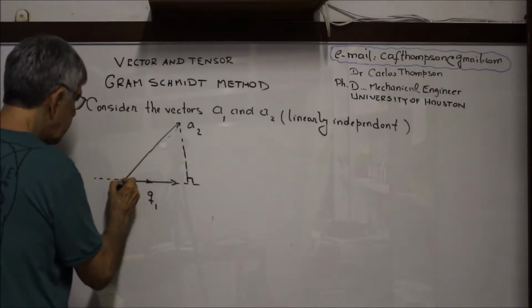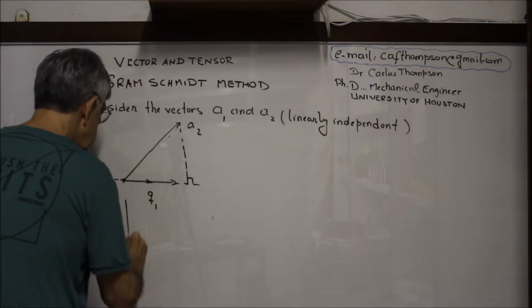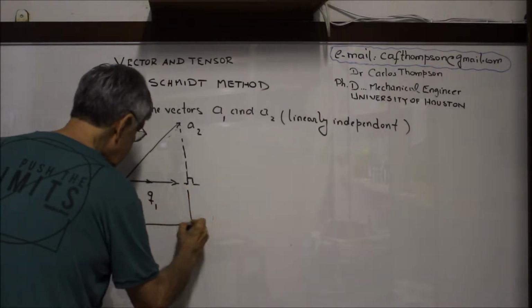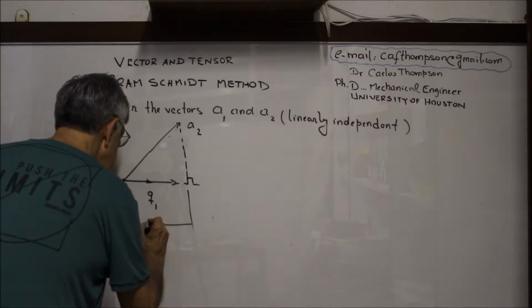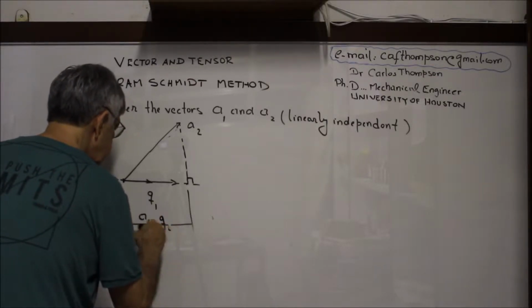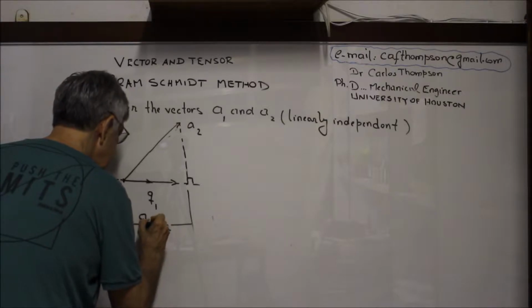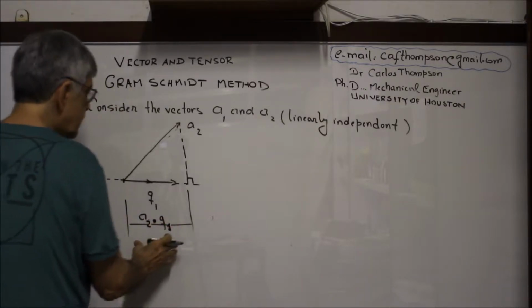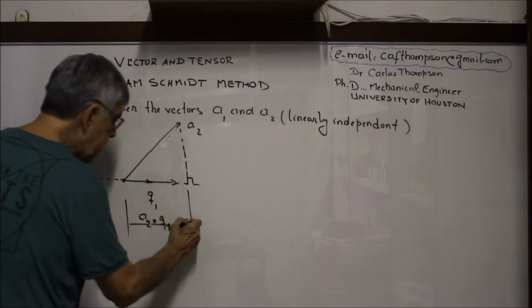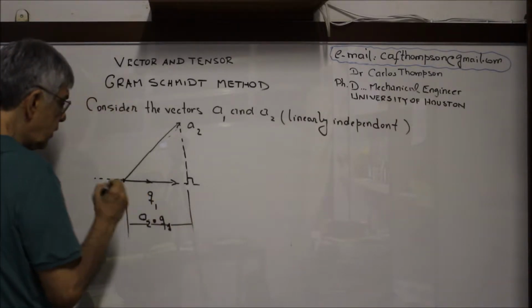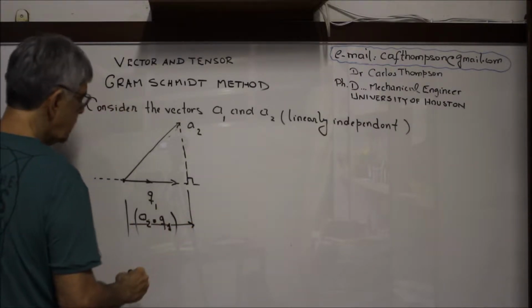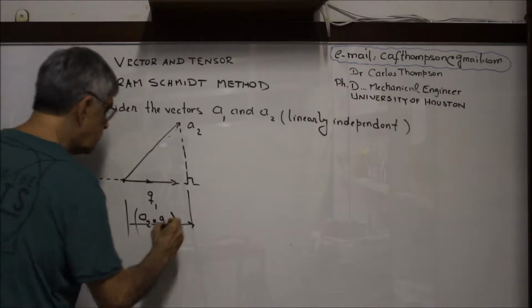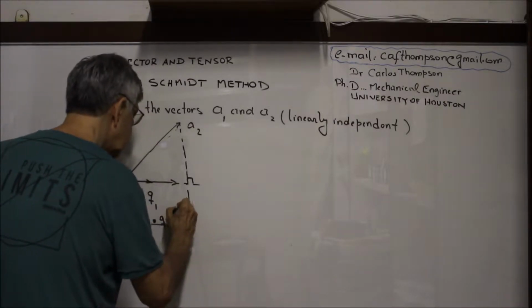Now, you see, the magnitude will be A2 dot Q1, just as we did before. So this is a magnitude. Now, if I want this vector, I'll just multiply this scalar quantity times Q1.